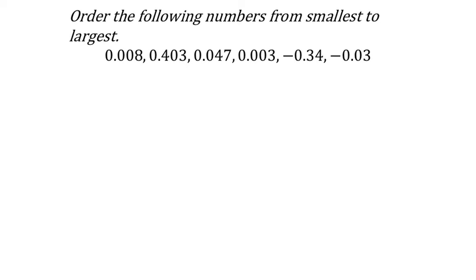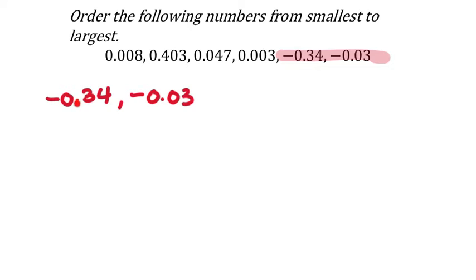Now, like we saw in that last slide, the first thing I'm going to do is just look at my negatives first. So I got negative 0.34 and then negative 0.03. So I'm going to write these out. Now, which of these is bigger? Well, they're both in the hundredths place values, and they're negatives.